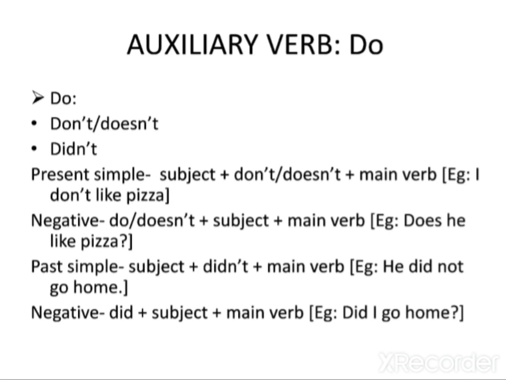So, if it is past tense, we have to use the past of the verb because the auxiliary verb didn't makes the sentence past. Okay. So, if it is an auxiliary verb, it is going to tell us if it's past or present.